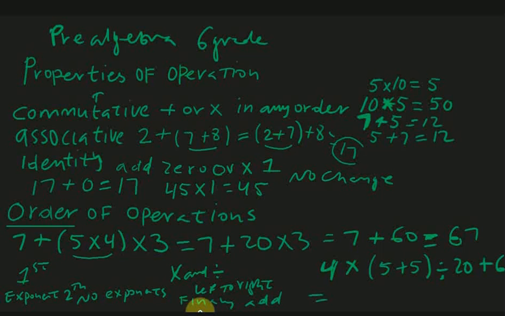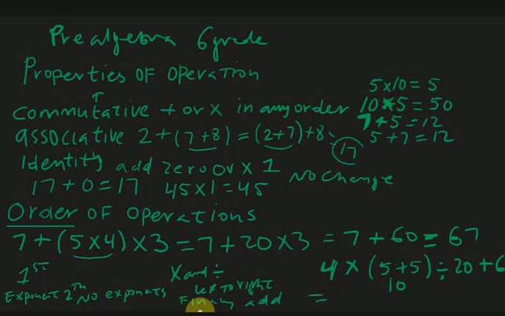What is this equal to? Inside first, even though the multiplication comes first, in the order of operations the first is the parentheses. I have to add 5 plus 5, 10. Then multiplication comes first, then I divide, then I add. This is the way you have to work.